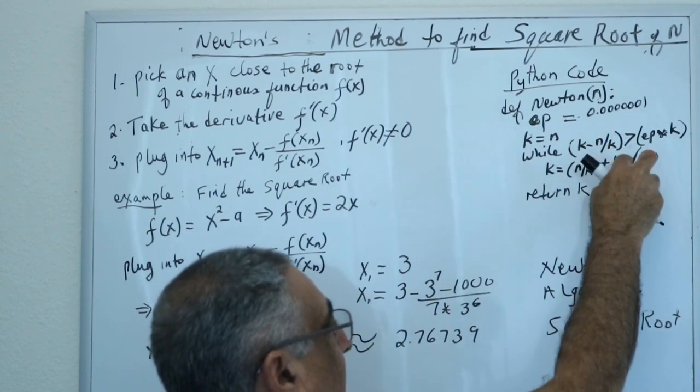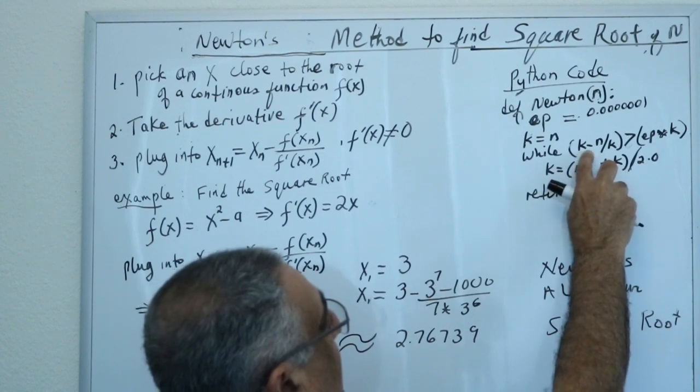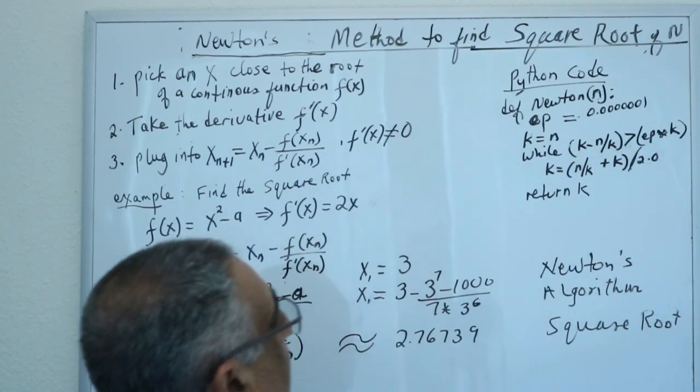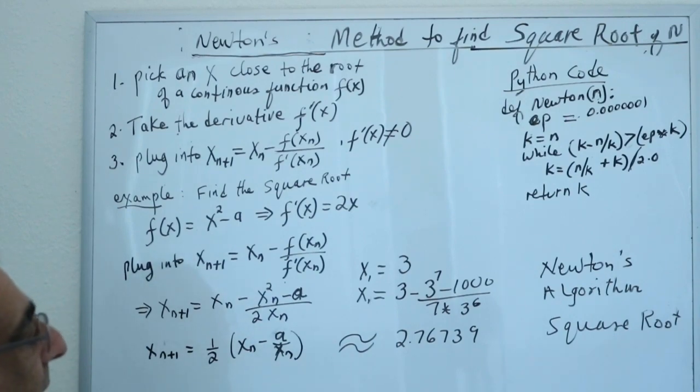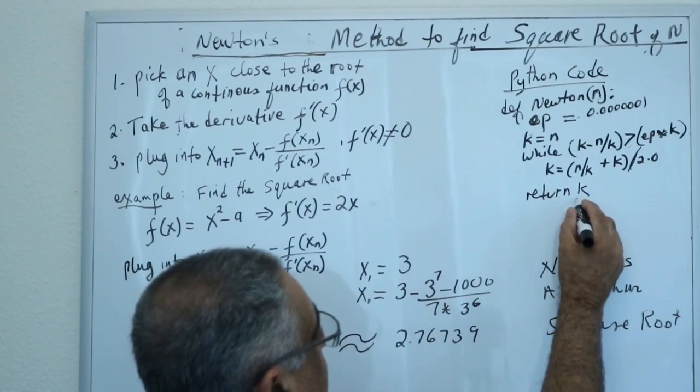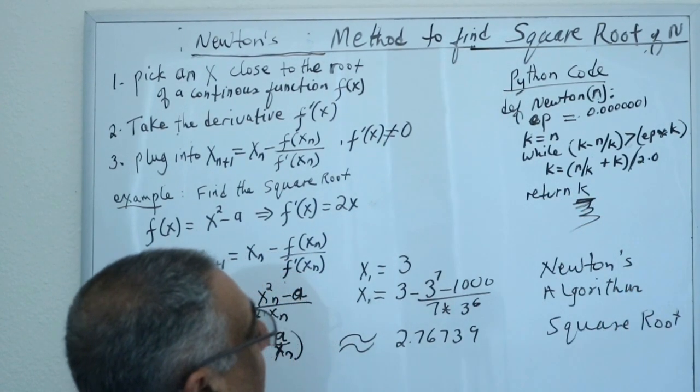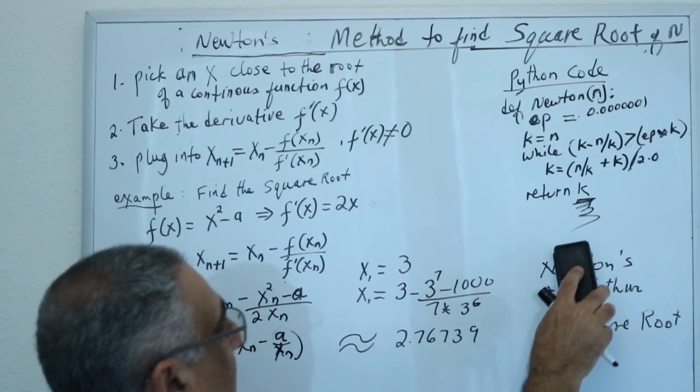This is going to be repeated until the condition where k minus n over k is no longer greater than epsilon times k. And I can return the value of k, and k happens to be the square root.